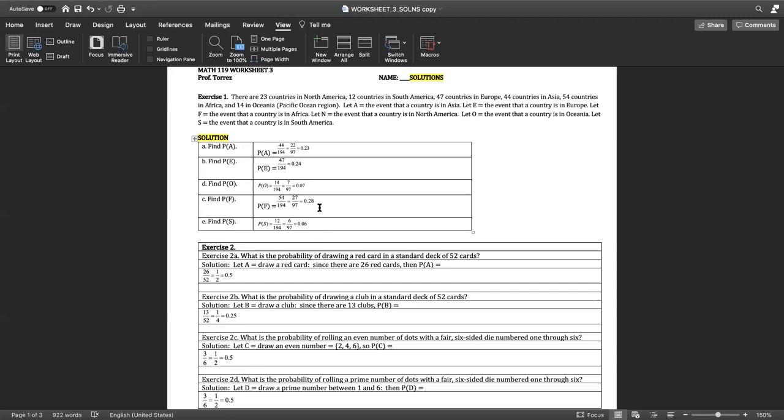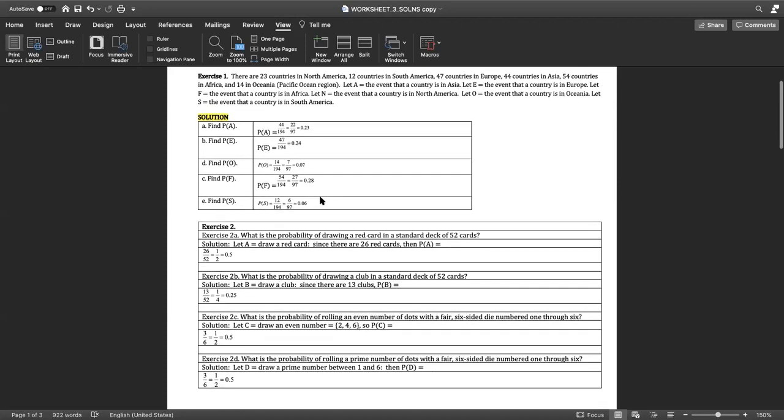And 0.6 plus 0.28 is 0.88. Okay, so there's a region in the world that's not accounted for with all of these countries here. There are 16 other, it looks like, yeah, okay.